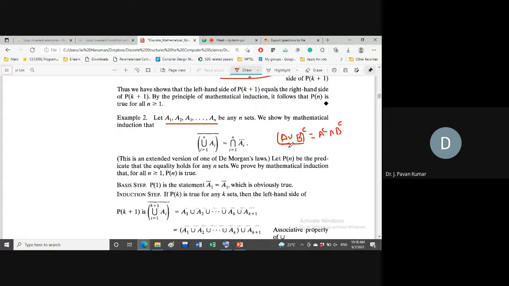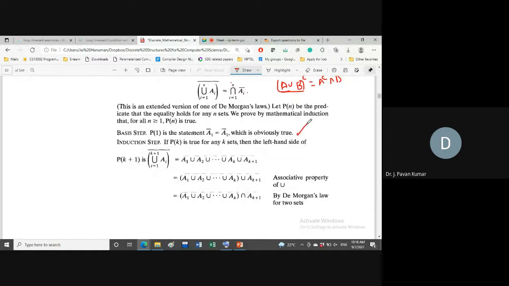So how we can prove it is, similar to the earlier one, for the base case, if we have only one set, A1 complement is equivalent to, here intersection we cannot apply on one particular set, so A1 complement. So the base case is true, A1 complement is equivalent to A1 complement, that's it. Next, what is the induction step? We will assume that P of k is true.